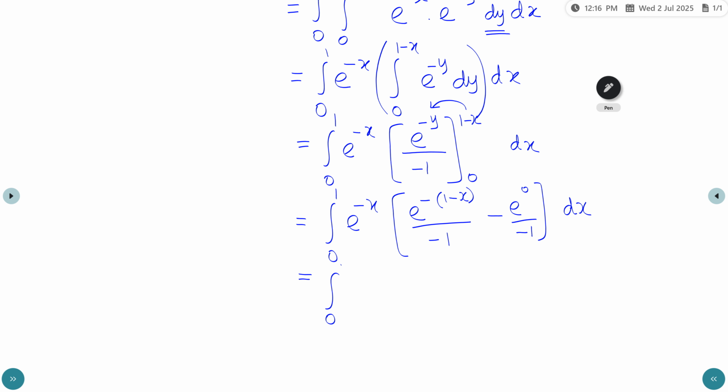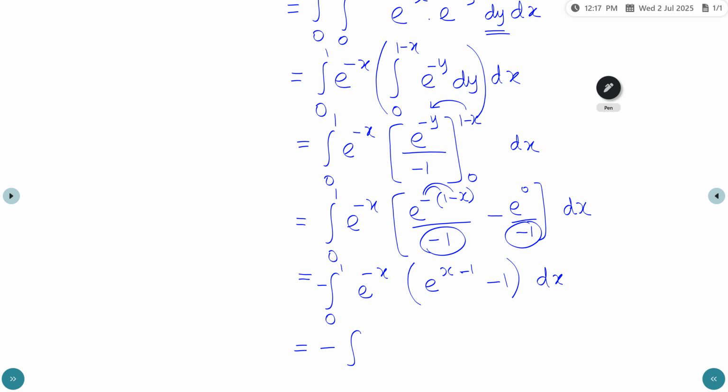So integral 0 to 1 of e power minus x. In both the denominators there is minus 1, so we can take the minus outside. The remaining term is e power minus into minus, plus, so e power x minus 1, since any number to the power 0 is 1, dx.